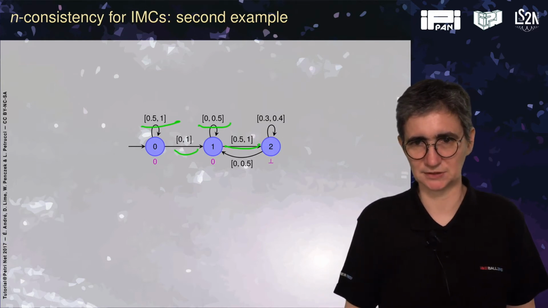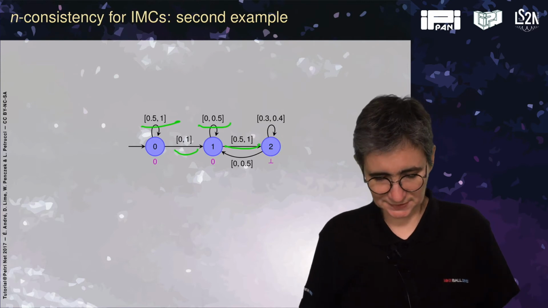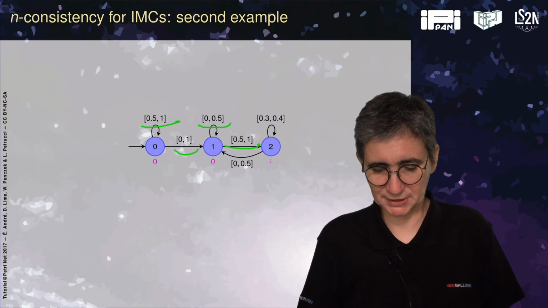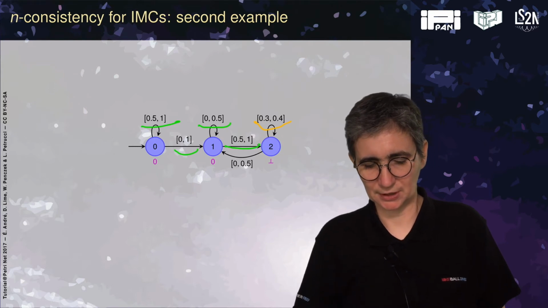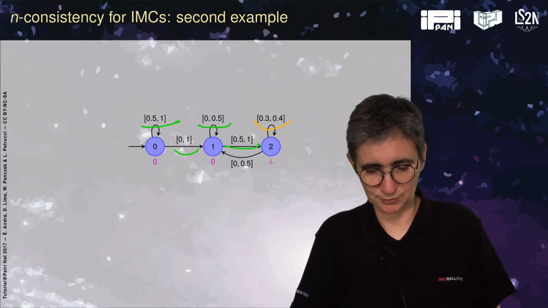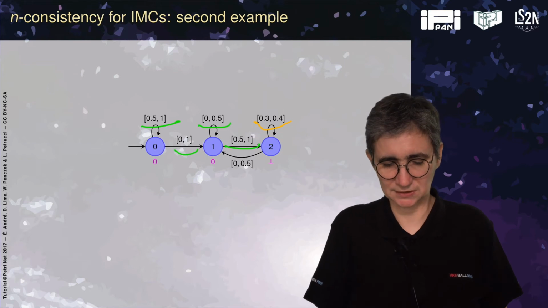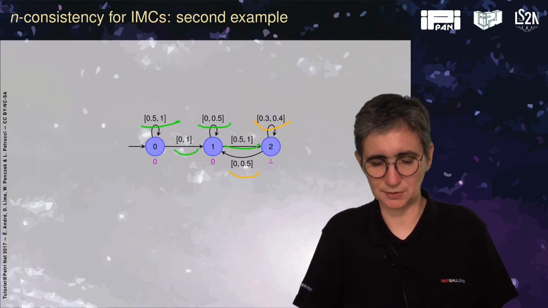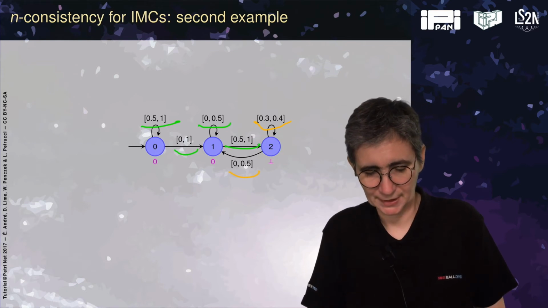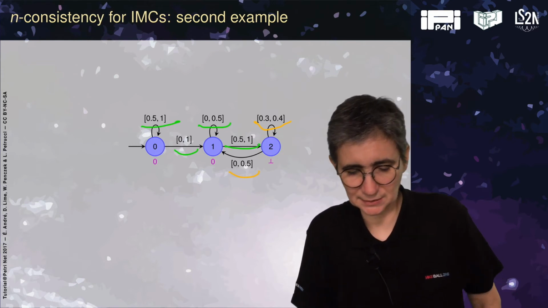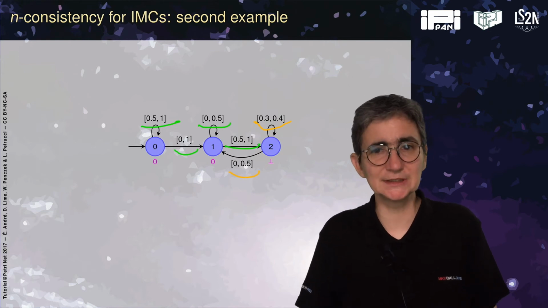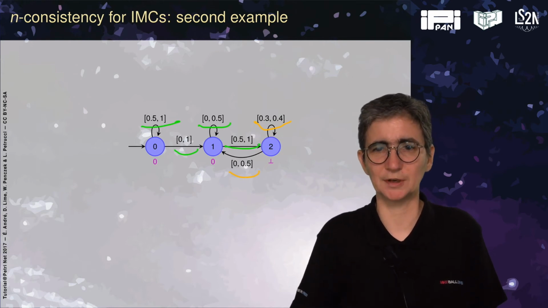So if we take 0.5, for example, in both of these intervals, it adds up to 1, and state 1 is zero consistent. Now state 2. State 2 can loop with a probability between 0.3 and 0.4, or we can exit state 2 and go to state 1 with a probability between 0 and 0.5. We can see that here we cannot find any probability distribution that adds up to 1.